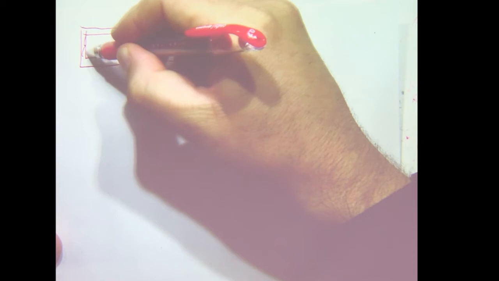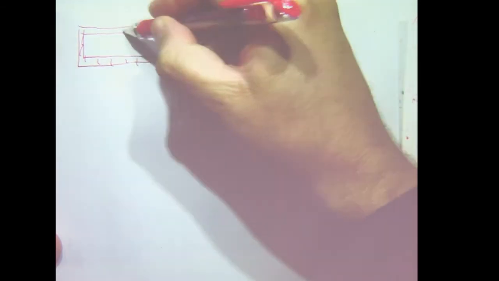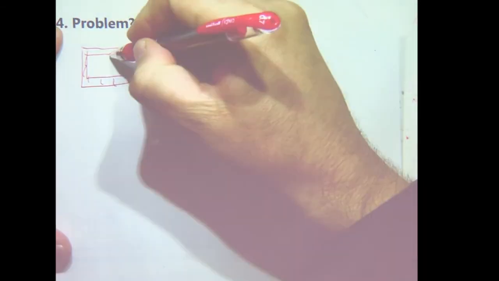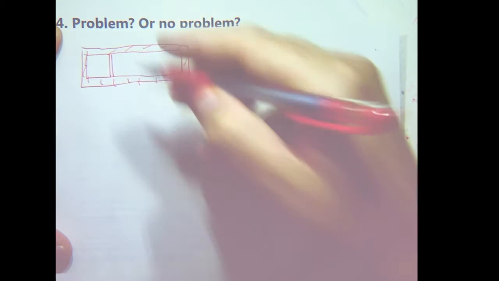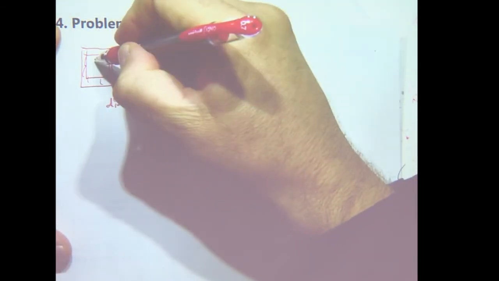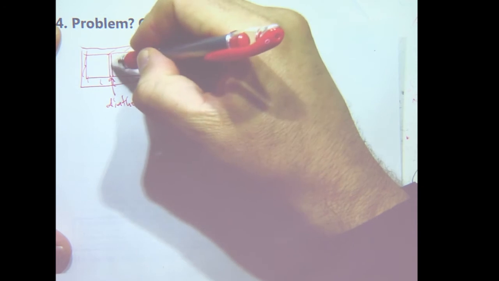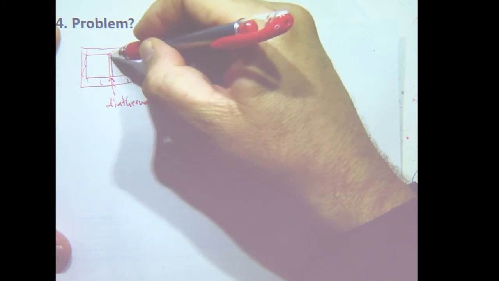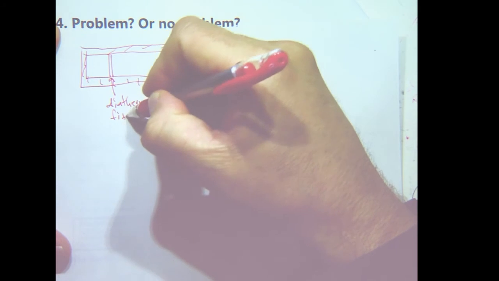Suppose we have this situation here, and this here is a diathermal partition. Diathermal means it lets heat through. It only lets heat through, but no particles, and it is fixed and impermeable.